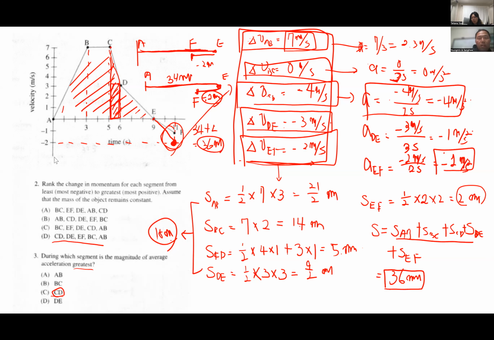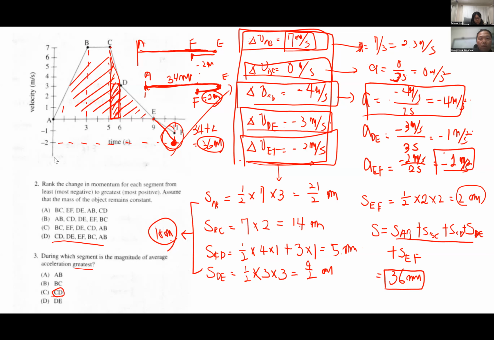But if it asks you about the total displacement, then the only thing you have to be concerned with is the starting point and end point. So starting point A to end point F. This object moves to E and then returns back toward A with the -2 meter. So you have to subtract the 2 meter out of the 34 meter.